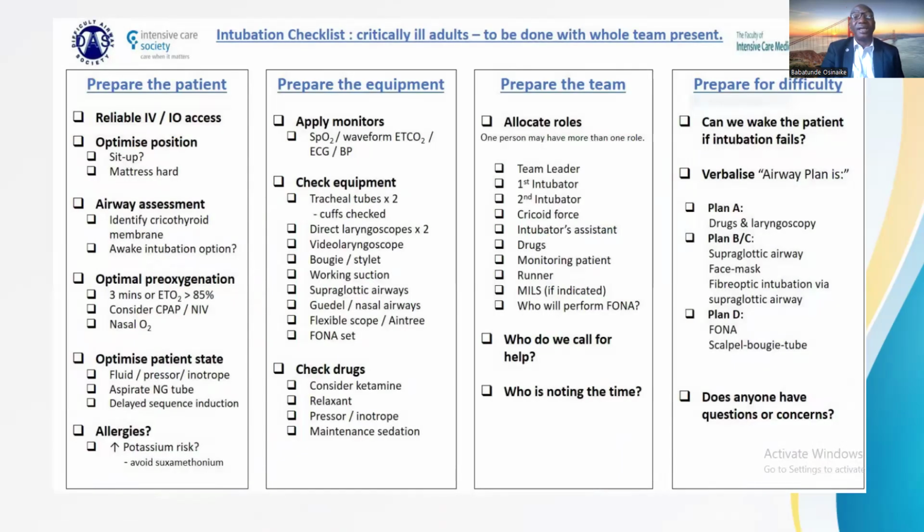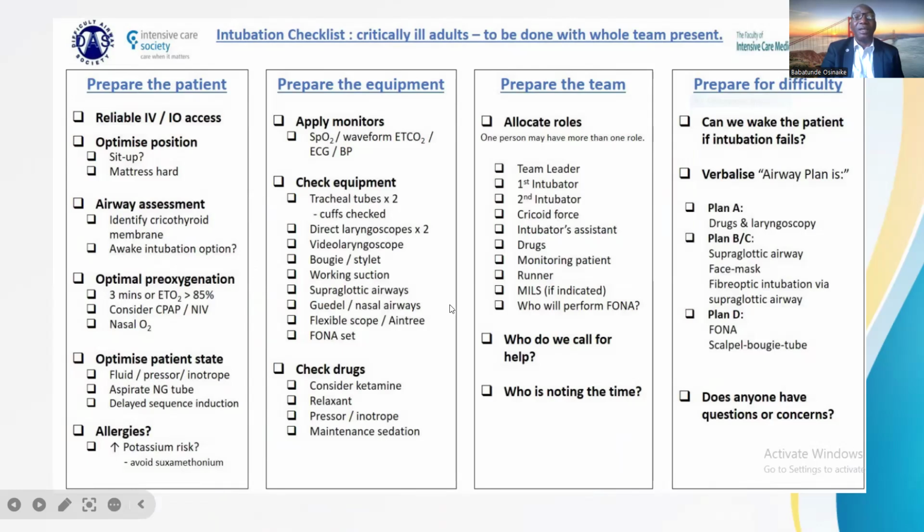So this is the intubation checklist by the DAS and the Intensive Care Society. You can have this pasted on the wall of the ICU, so you can check everything before you go ahead to intubate your patient.